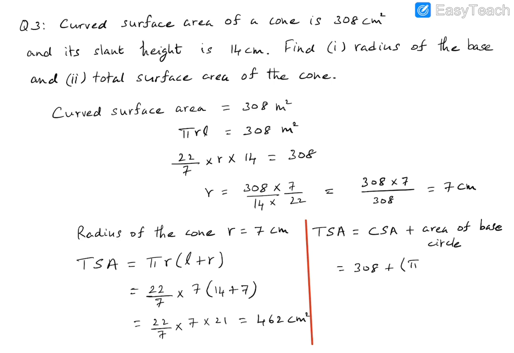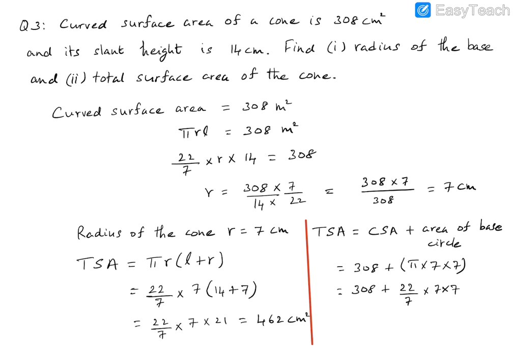R is 7, we have calculated the radius as 7, so into 7 into 7, so that will be 308 plus 22/7 into 7 into 7.